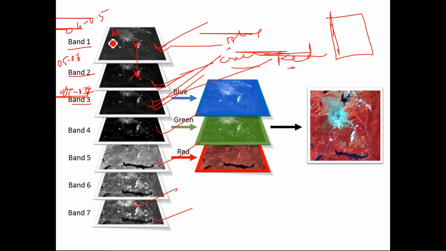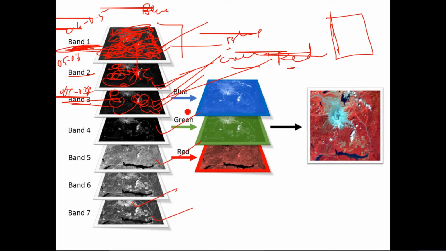Here the DNs represent the reflectance in the blue band. Suppose band 1 represents blue. So here the DNs represent the intensity in this particular bandwidth or range. If I assign this color blue to it, these DNs will represent varying intensities of blue. Similarly, this one will represent various intensities of green, and this one various intensities of red.